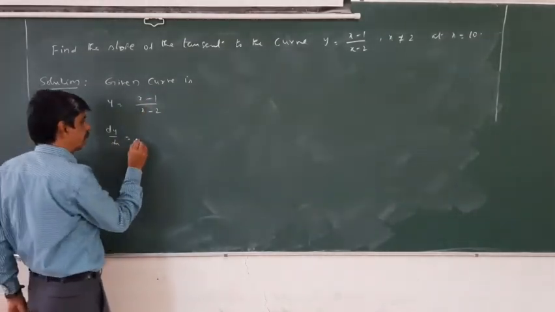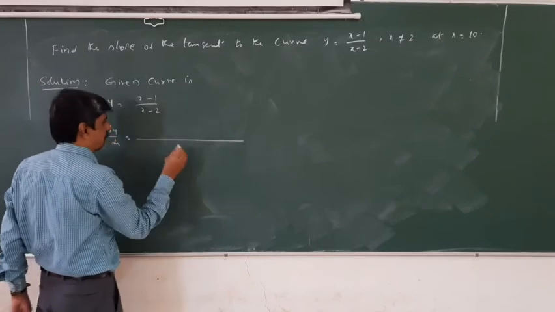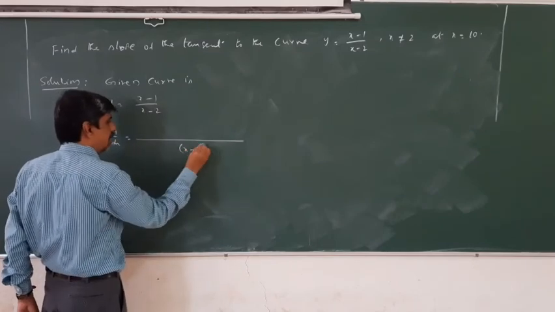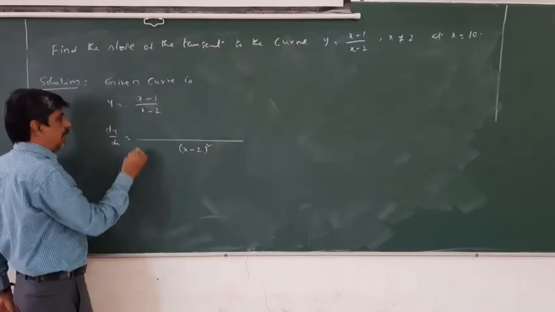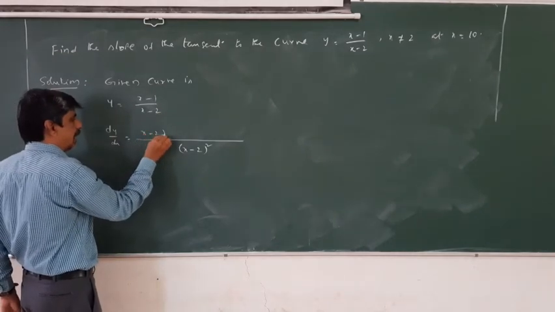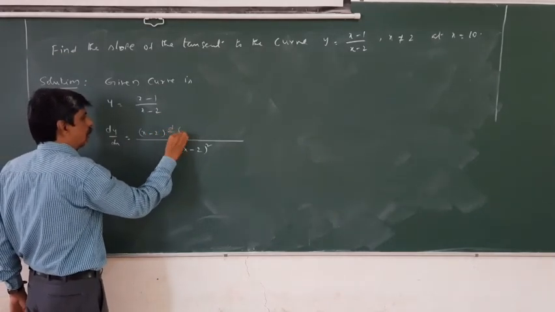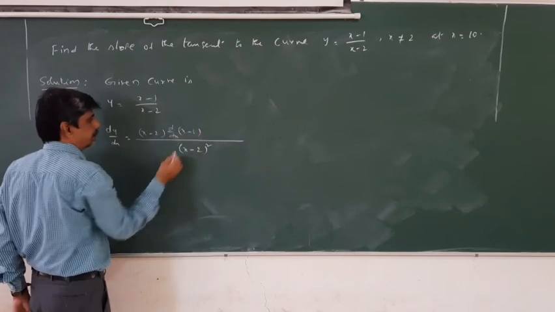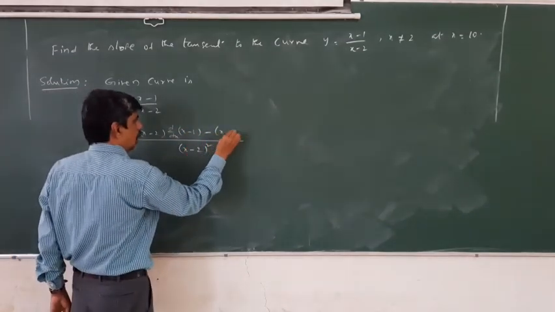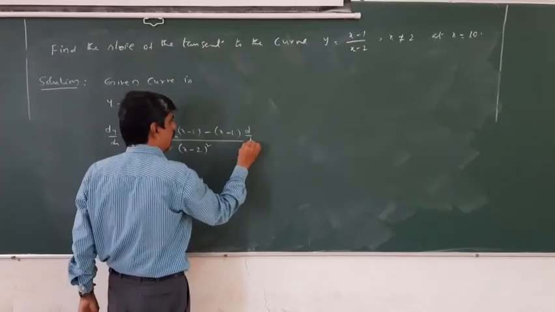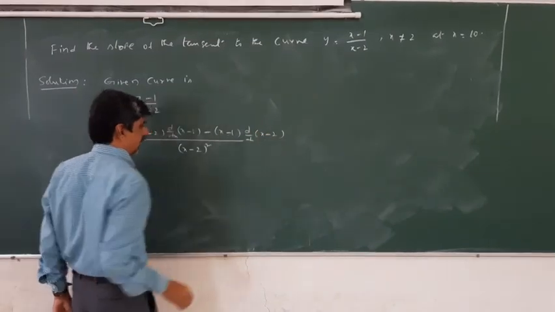Use that formula: v square means denominator square, v means denominator into derivative of numerator minus numerator into derivative of denominator.